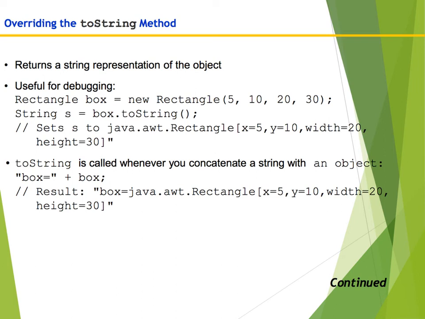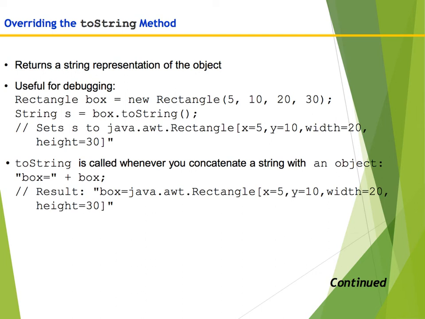And then it's important to know that the toString method is automatically called whenever you concatenate a string with an object. For example, in this piece of code, if you write "box = " in double quotations, which becomes a constant string, and then use the operator plus, which is used for concatenating two strings, and then use the object box, which is a Rectangle, the compiler automatically calls the toString method of box.